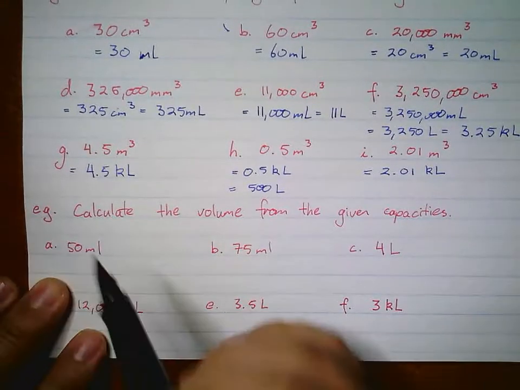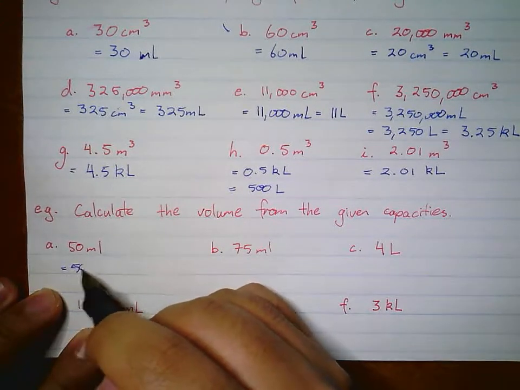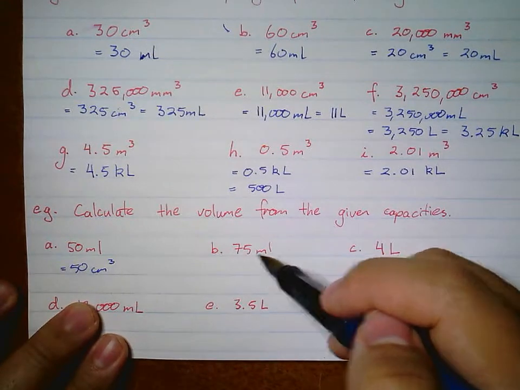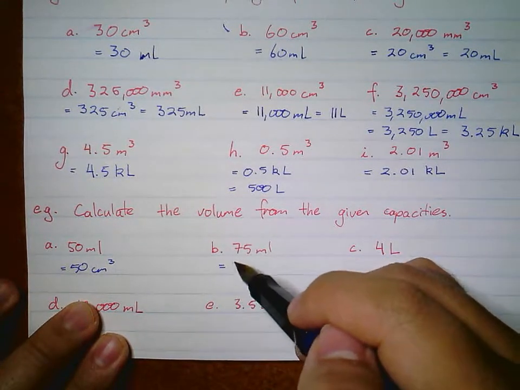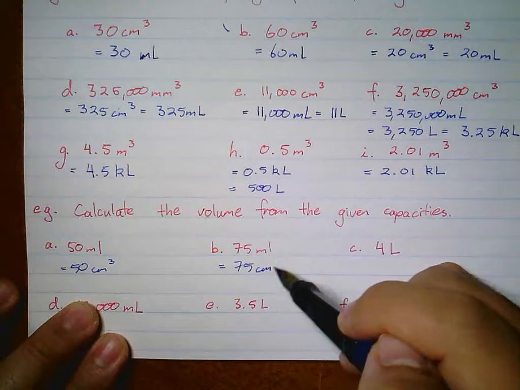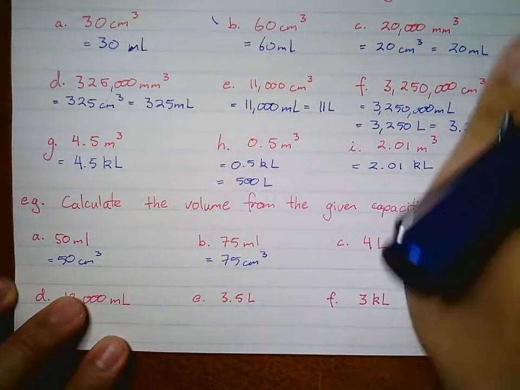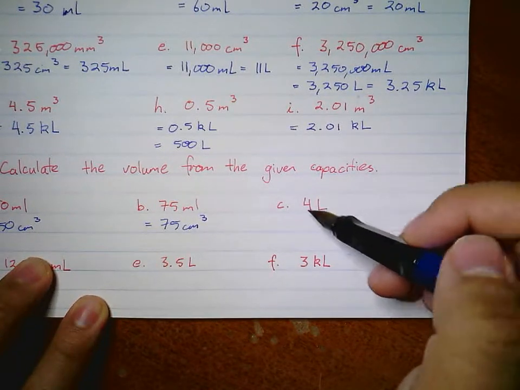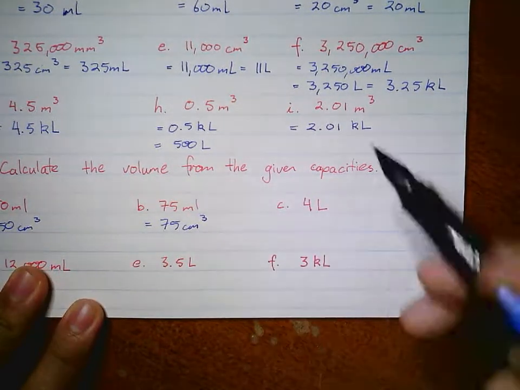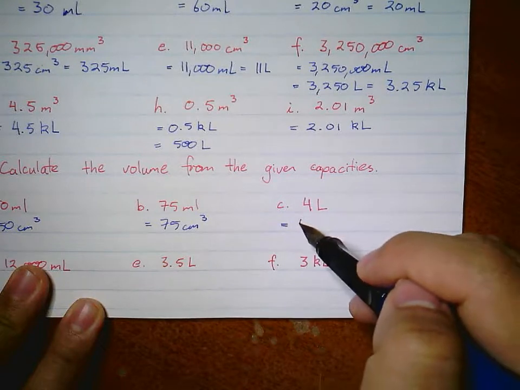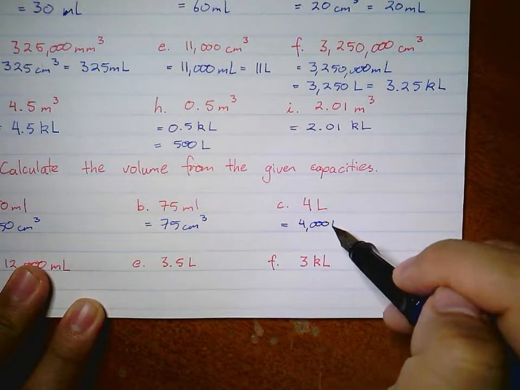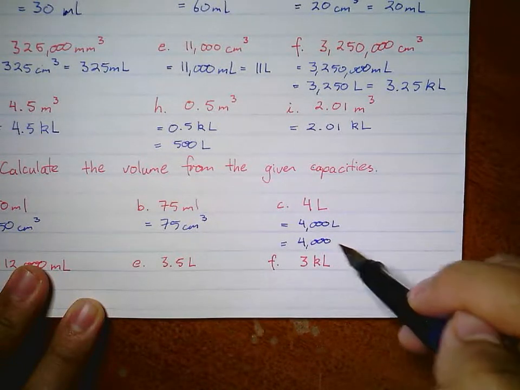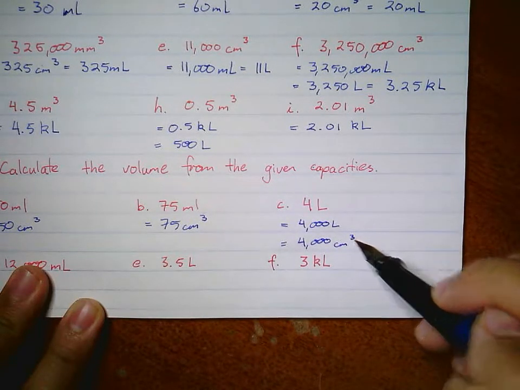So 50 milliliters is actually 50 centimeter cubed. 75 milliliters is 75 centimeter cubed. Here's where it gets a little tough, because this is not in milliliters, but if we first convert this into 4,000 liters, we can then convert this into 4,000 centimeter cubed.